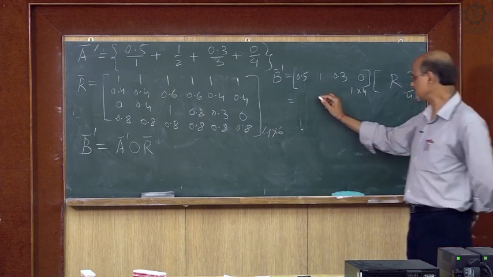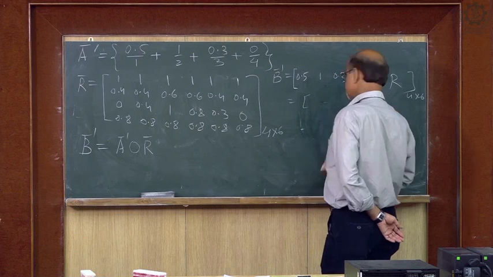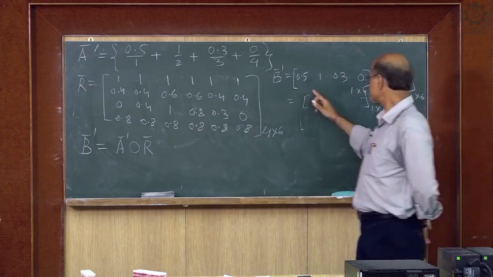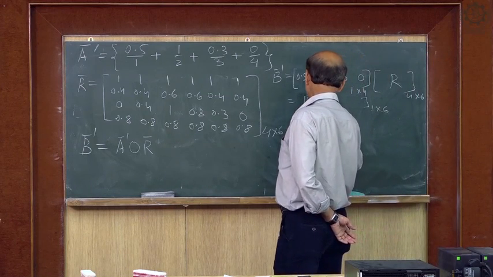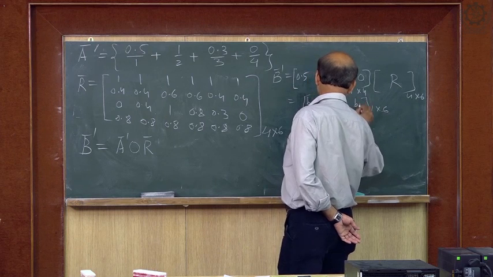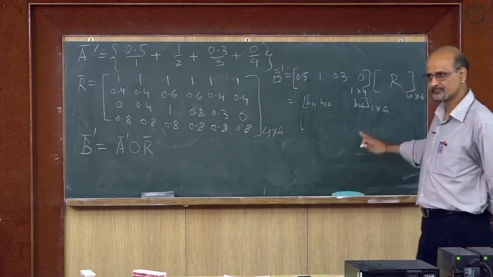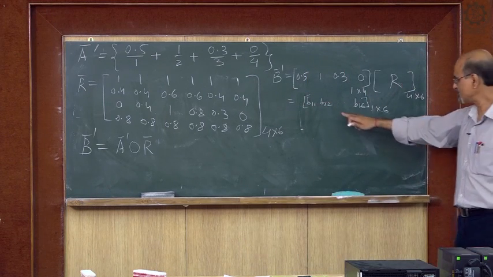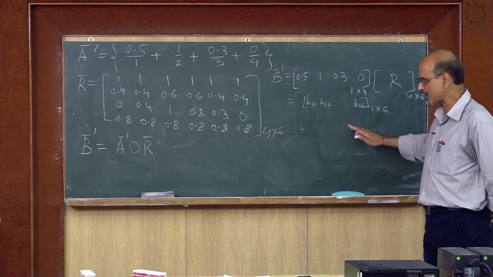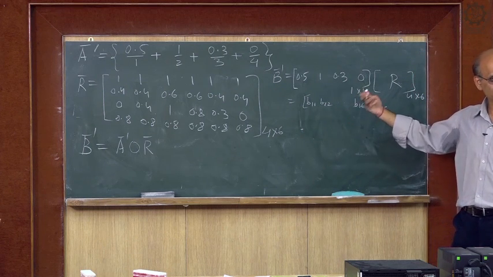So you will get 1 cross 6. Suppose this B is B11, B12 up to B16. Now, for each B11, B12 etc. I should have max min.